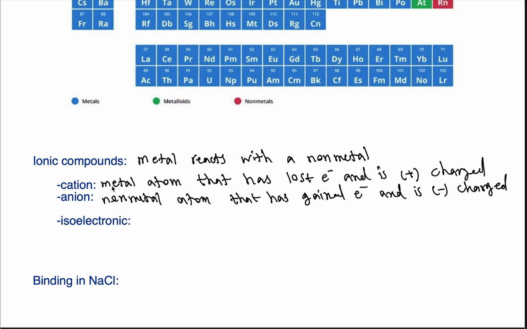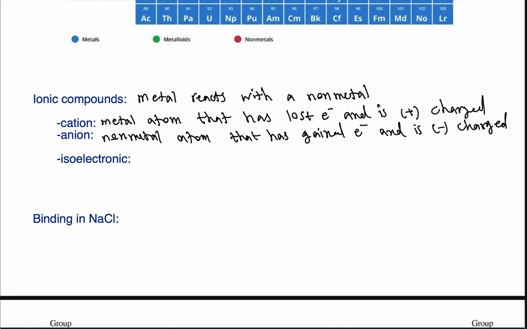So metals always lose electrons, and as a result they become positively charged. Non-metals gain electrons in a compound when they react to become negatively charged. And specifically here we are talking about ionic compounds. We're going to see how non-metals behave when they are in molecular or covalent compounds.